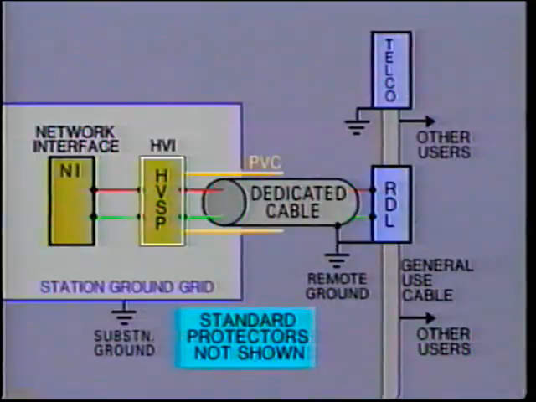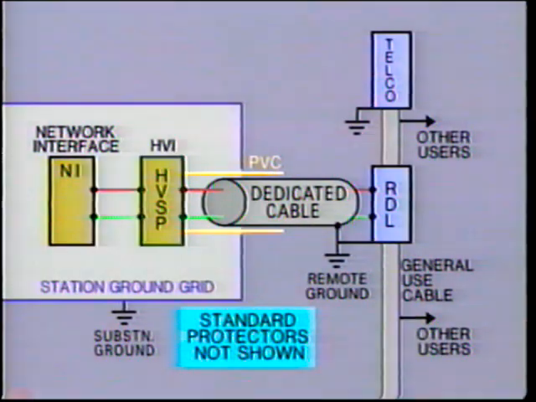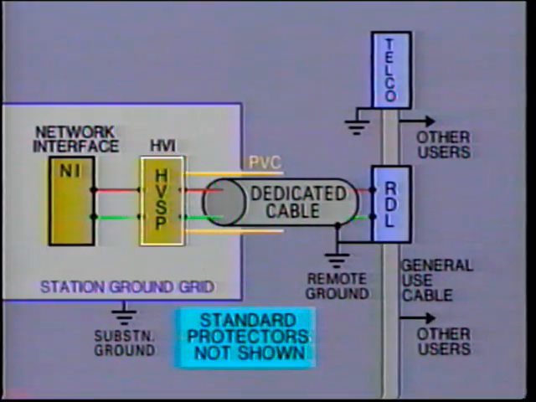Beware, there may not be the same arrangements at every substation or power station. We'll be looking at typical protection configurations and installations in the next tape. Regardless of ownership, the principles and rules are the same. The HVSP equipment is connected between the dedicated cable and the communication equipment.